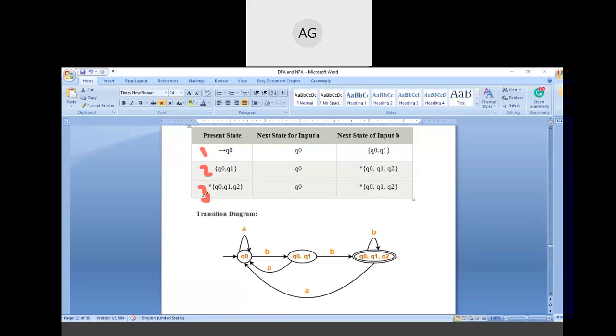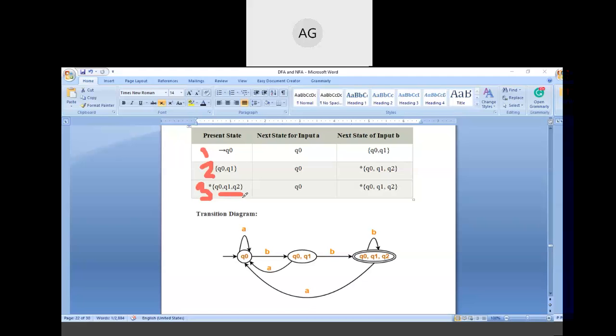So it means we have three states. Our first state is Q naught, which is also the initial state of the NFA. Our second state is Q naught Q1, and our third state is Q naught, Q1 and Q2, and this state is also the final state. Why is this the final state?